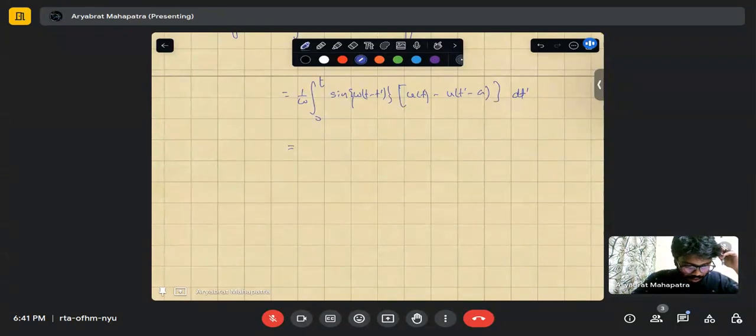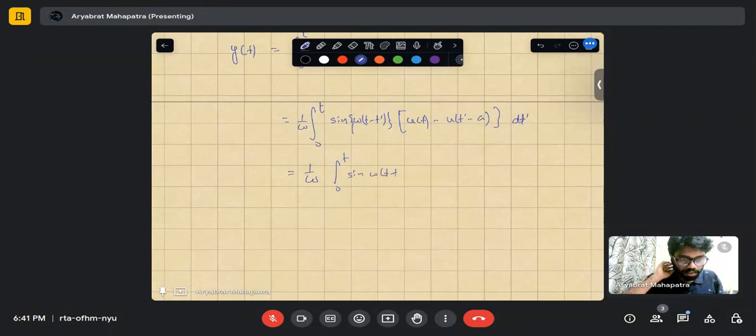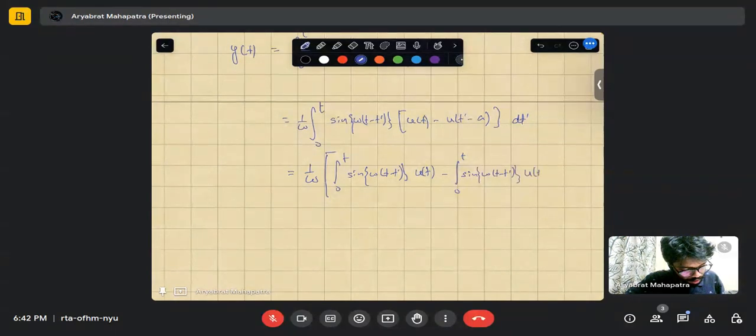Then you will see that you have to split this integral. So let me write: g of t is the integral from 0 to t of sine omega (t minus t prime) times g of t prime, that is u of t prime minus a, dt prime.